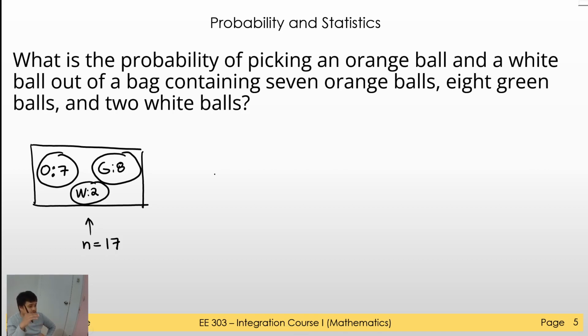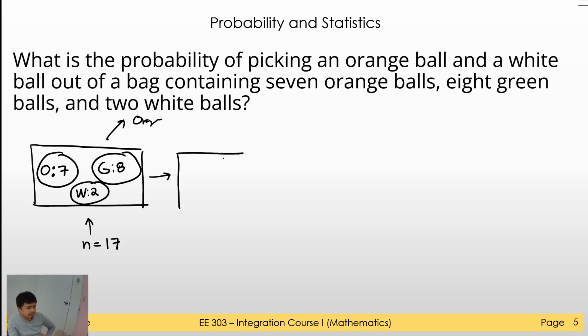So the question here is, what is the probability of picking an orange ball and a white ball? So the numerator is the case wherein we will pick an orange ball and a white ball consecutively, and then over the total number of balls. So how do we do this? There are actually two cases here. Let's say you pick an orange here.